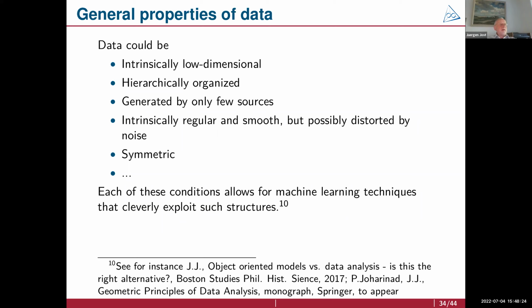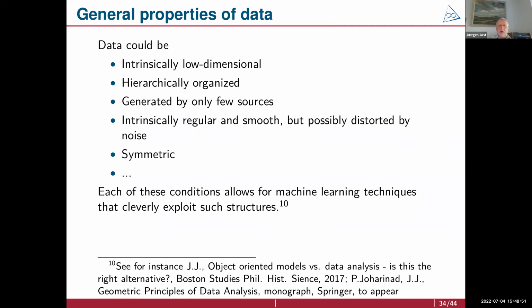Then, since you often do not have a guiding theory behind the data or good model behind the data, you first have to ask, what abstract properties do the data possess? Are they intrinsically low dimensional? For example, do they have only very few intrinsic degrees of freedom? Are they perhaps hierarchically organized?